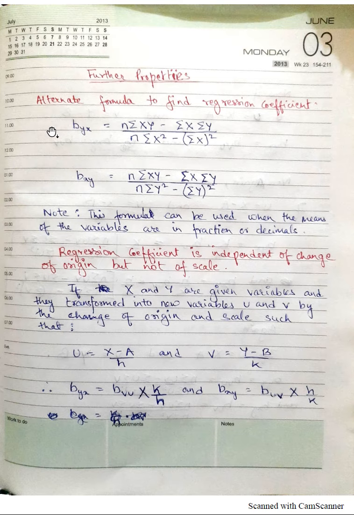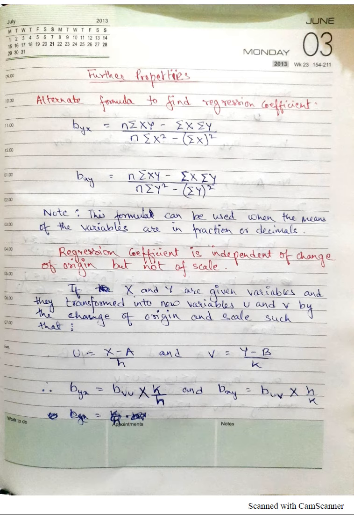What is the alternate formula? The alternate formula for the regression coefficient of y on x is given by n summation xy minus summation x into summation y, divided by n summation x square minus summation x whole square. And the regression coefficient of x on y is given as n summation xy minus summation x into summation y, divided by n summation y square minus summation y whole square.